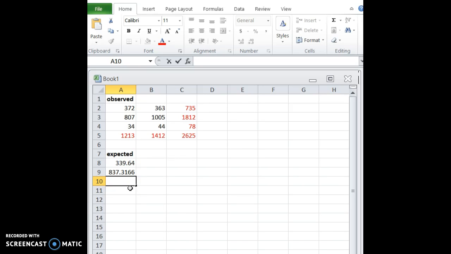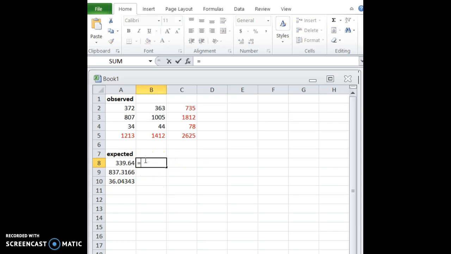Actually, let me just go over why this is going to have 2 degrees of freedom, because I know it has to equal this total subtract this number, subtract this number. I don't need to do the calculations anymore once I've got this down, and I don't need to do these anymore either.